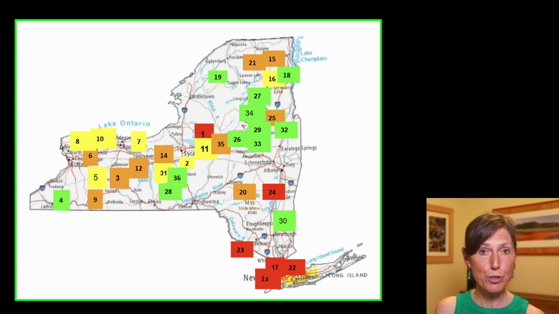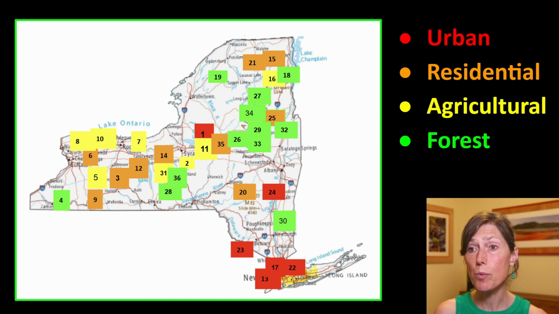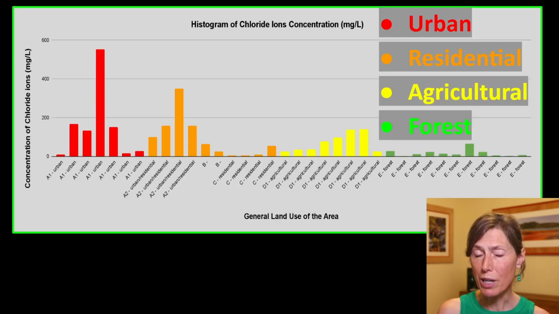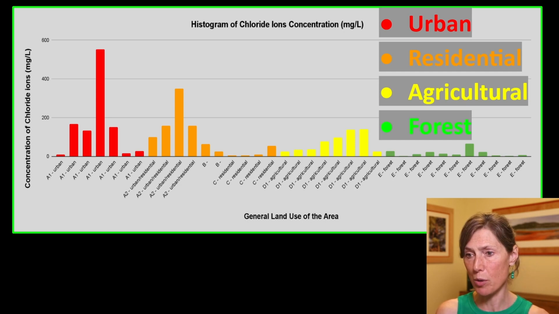The colors refer to the different types of topography found at that area. These 4 include in red, urban, in orange, residential, in yellow, agricultural, and in green, forest areas. When plotting these chloride amounts found on the DEC site in a Google Sheets histogram, you could see the following data.